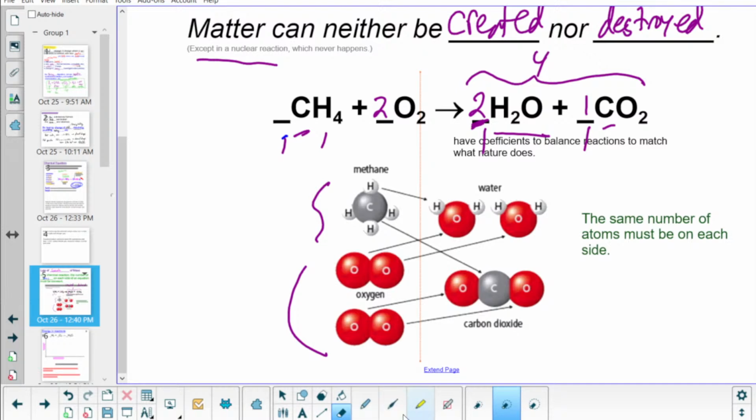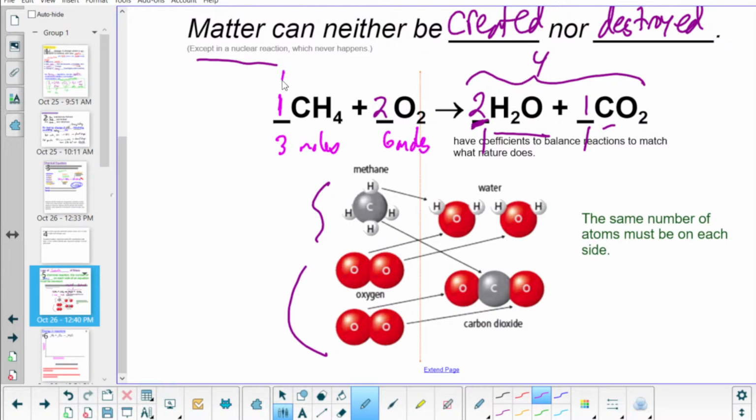If this is 1, 2, 2, 1, I can now do things like say, but I have 3 moles of CH4. How many moles of oxygen will I need? 6.